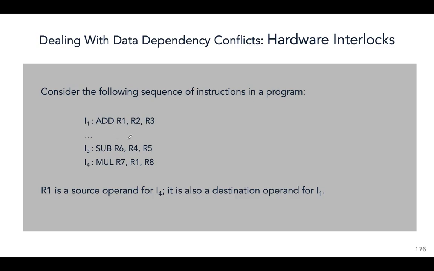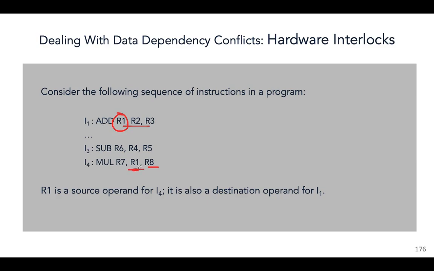Then the subtraction operation is fine because it uses R4 and R5, which have nothing to do with addition instruction. The results are stored in R6. And then in case of multiplication, what happens? There is another register R8, and this register R1, which is written after the execution of the first instruction, is used.